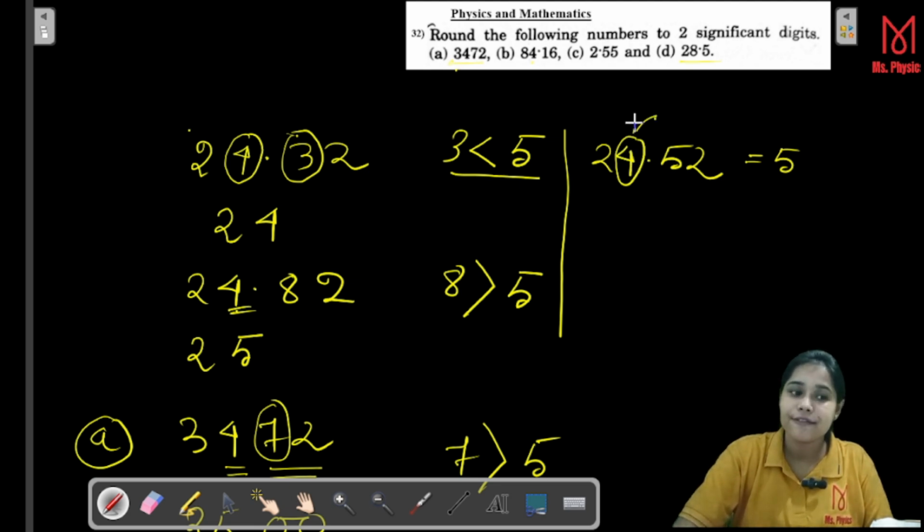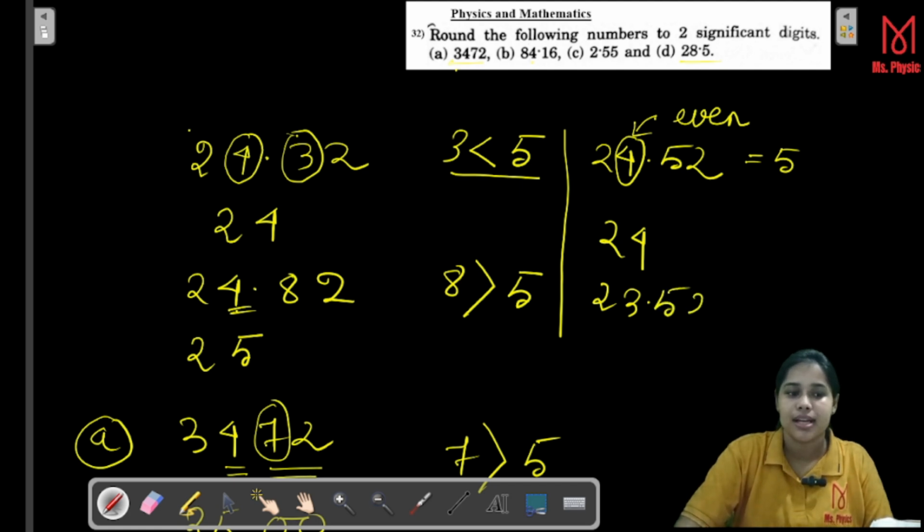If it is an even number, then it will remain unchanged, meaning 84 would be there. But suppose it is 83.52. In that case, before 5, you see that it is an odd number. So what will you do in that case? In case of an odd number, this 3 will be added with 1. That means the answer would be 84.